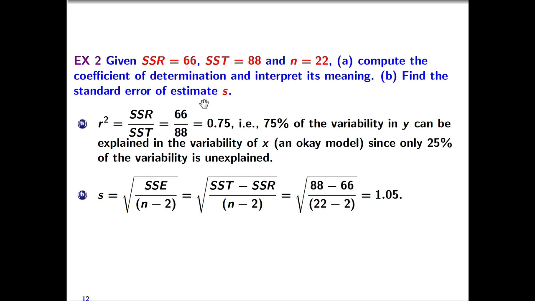Using equation 14.14, SSE is equal to SST minus SSR. So, S is equal to the square root of 88 minus 66 over 22 minus 2, and we get the result of 1.05. And this is the end of part 1 of chapter 14.